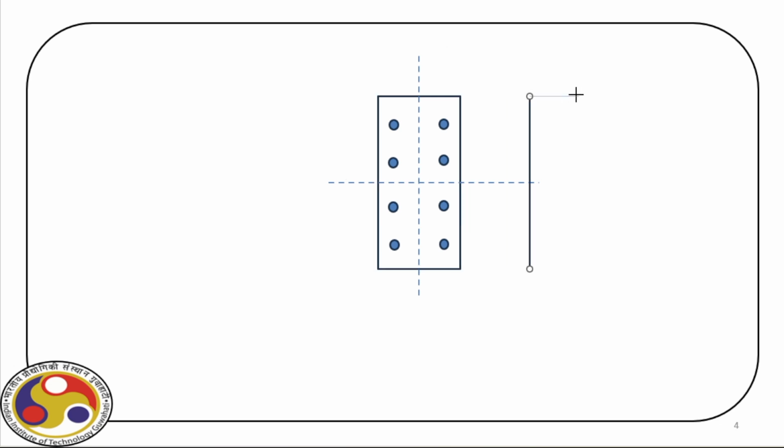So this is 0.0035, and let us complete this strain diagram. So this is the case when we have XU equal to capital D, right?